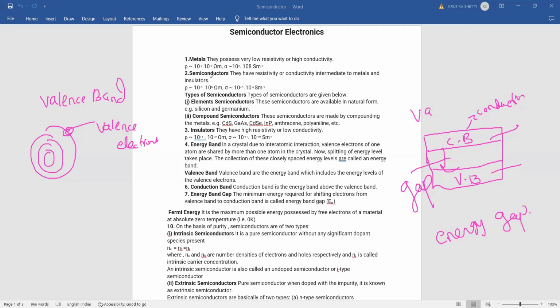Metals, semiconductors, insulators, types of semiconductors.